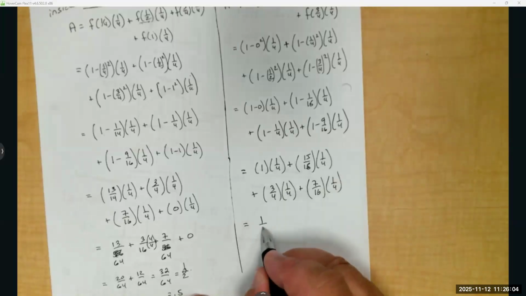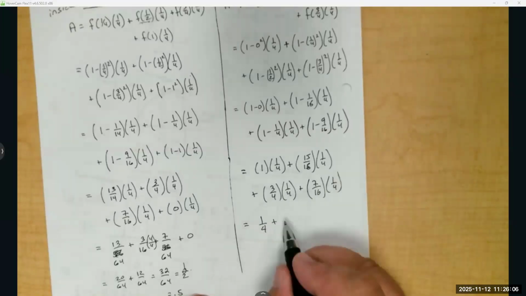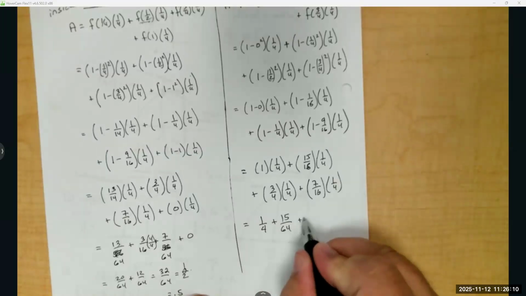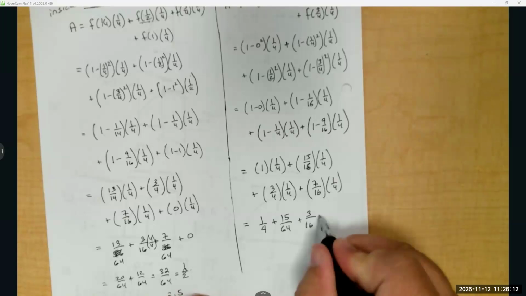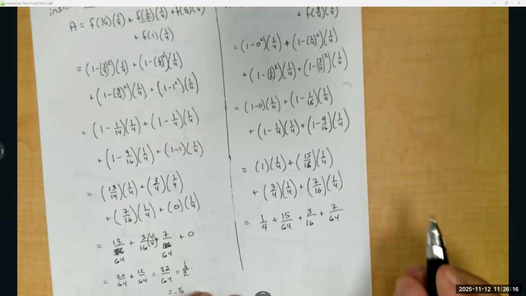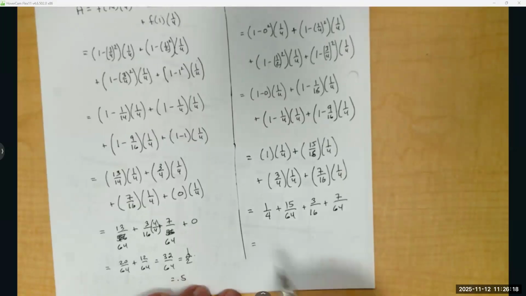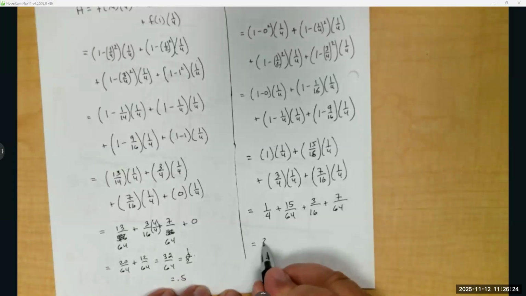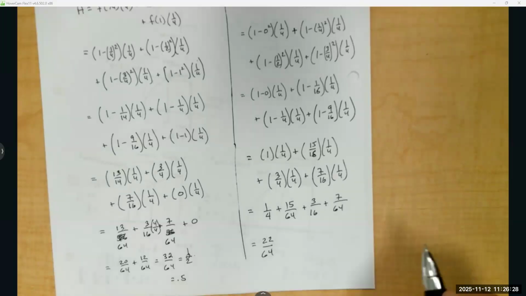We'll have 1/4, 15 over 64, 3 over 16, 7 over 64. So 15 plus 7 is 22 over 64.